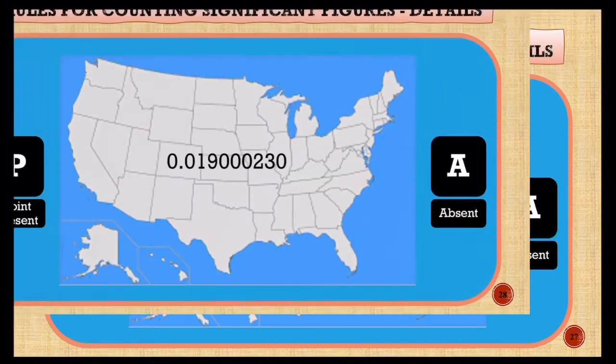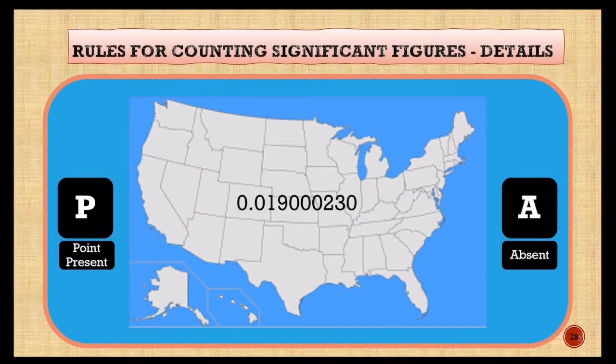Just a couple more. 0.0190000230. This also has a point. So we're going to begin counting from the Pacific side or from the left, and we're going to start with the first non-zero number, which happens to be 1. Once you start counting, you count till the end. So 1, 2, 3, 4, 5, 6, 7, 8. So that's 8 significant digits in this value.